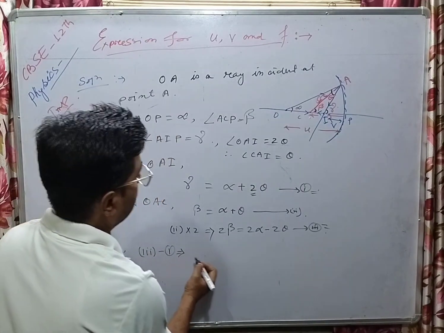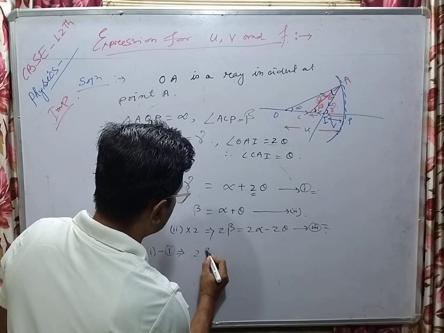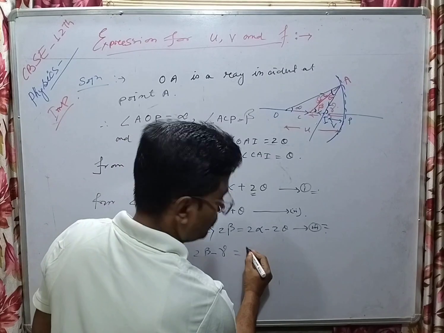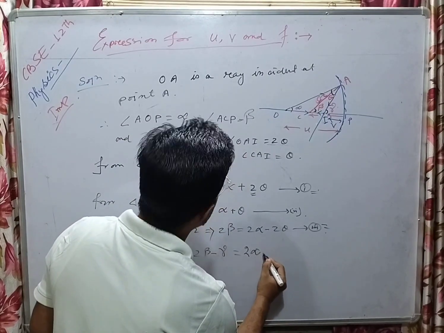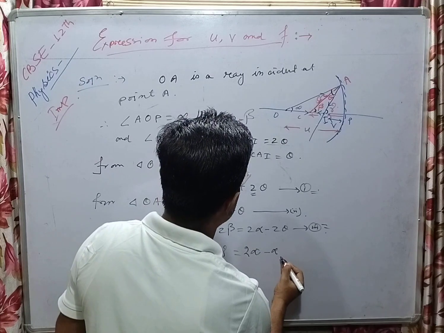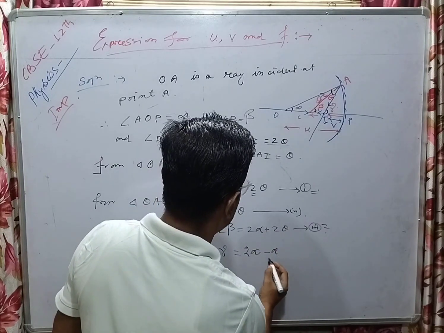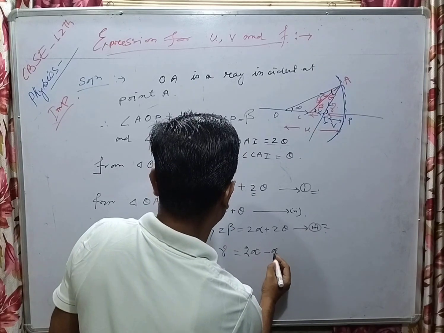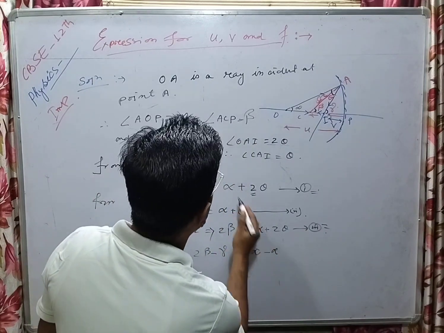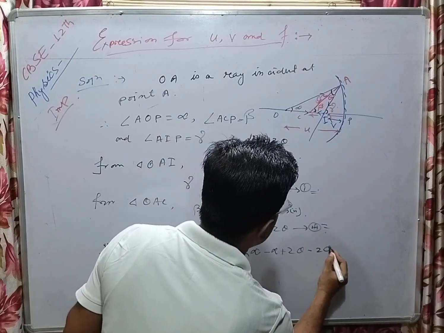Equation 3 minus 1 implies twice beta minus gamma is equal to twice alpha minus alpha plus twice theta minus twice theta.